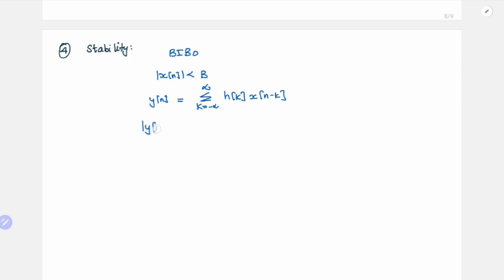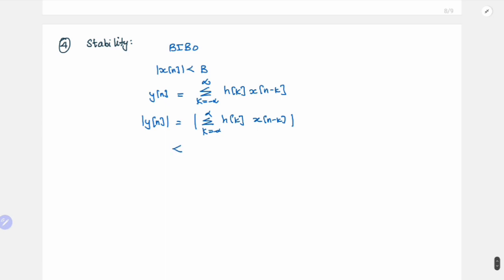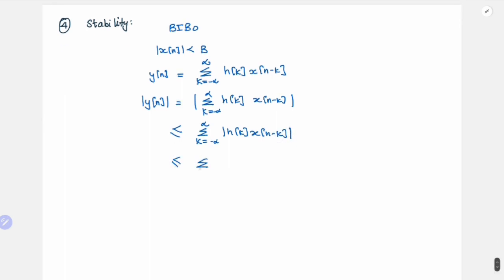And my mod y of n is nothing but the summation, again the same, and this I can say is less than or equal to summation k equal to minus infinity to infinity, I'm taking the mod inside, so mod h of k x of n minus k. Again, this is less than or equal to summation k equal to minus infinity to infinity, I'm separating this.